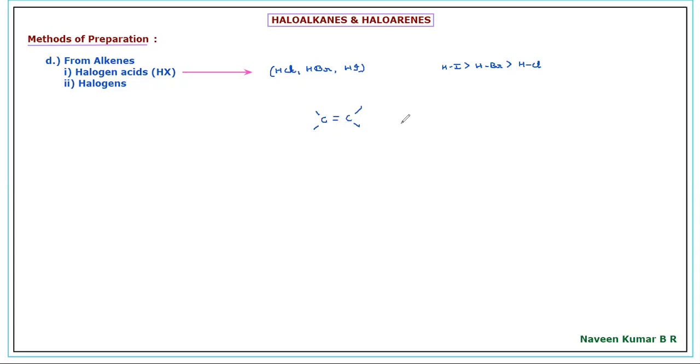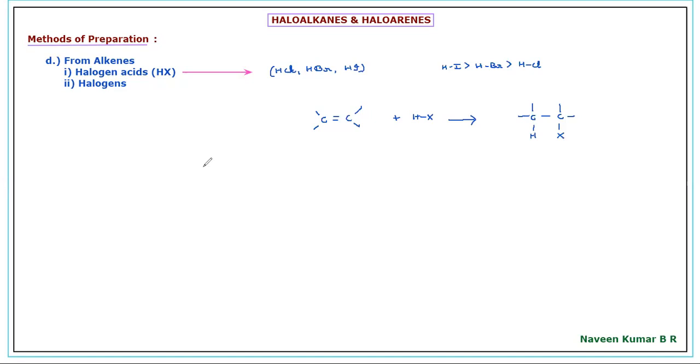Addition of the halogen acid or hydrogen halide HX to the alkene causes the cleavage of the pi bond, and the halogen acid is added to the double bonded carbons. One carbon accepts the hydrogen and another carbon is added with the halogen to form the addition product.